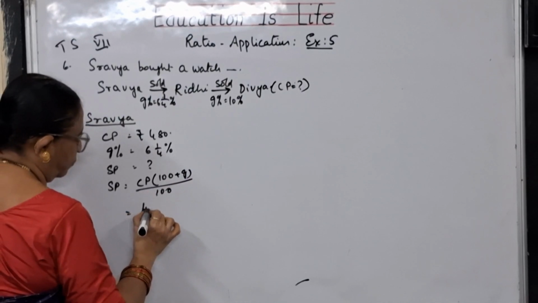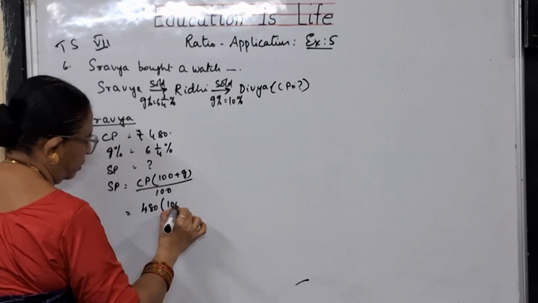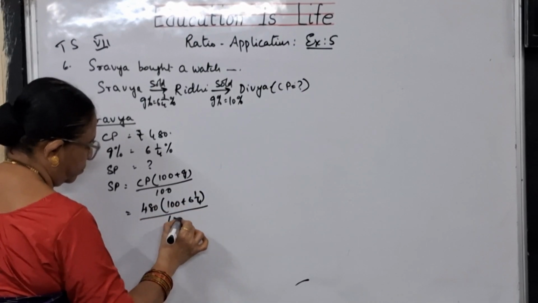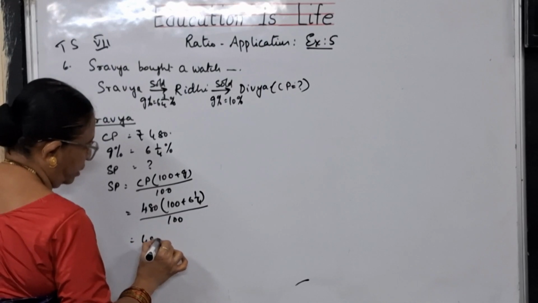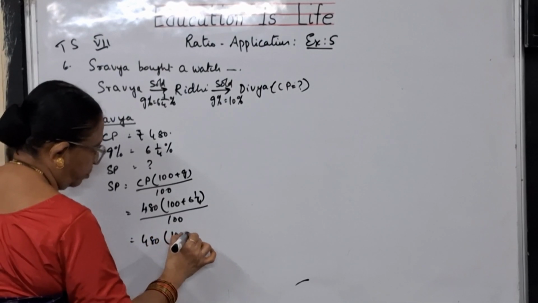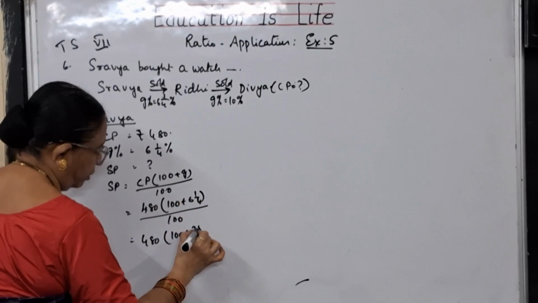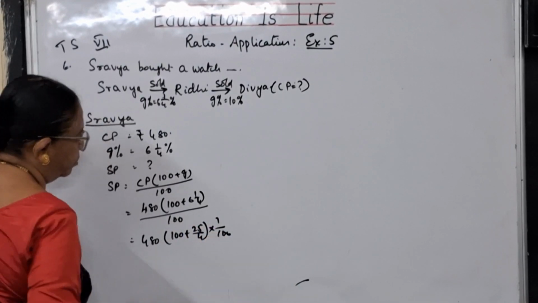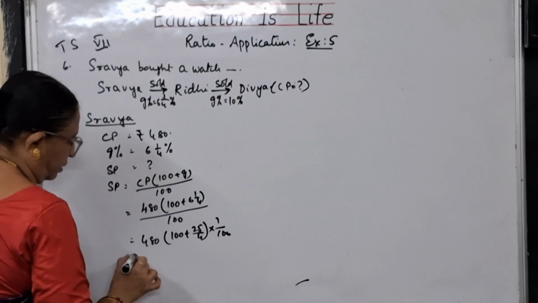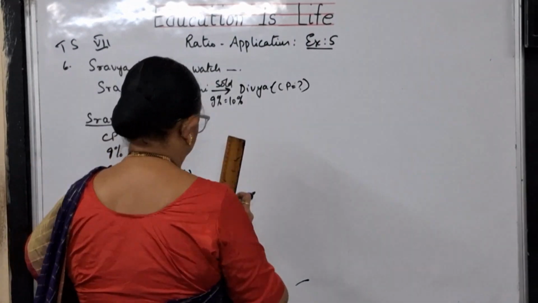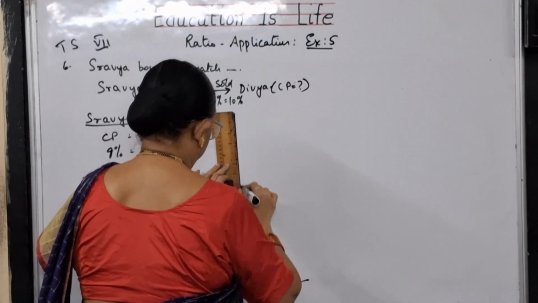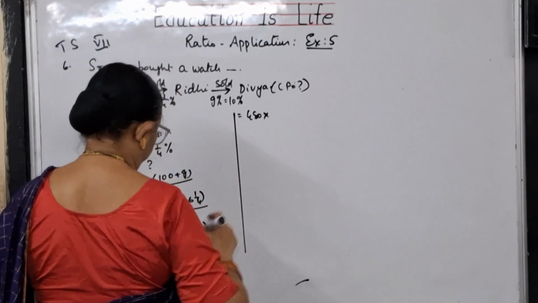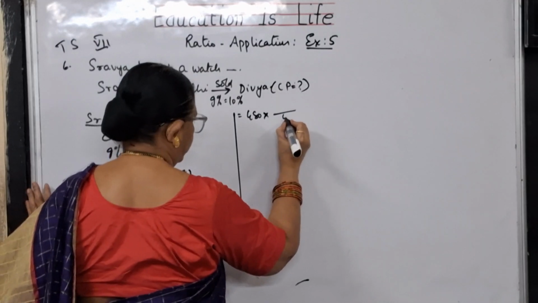So 480 into 100 plus 25/4 into 1/100. I can take LCM 4 here.